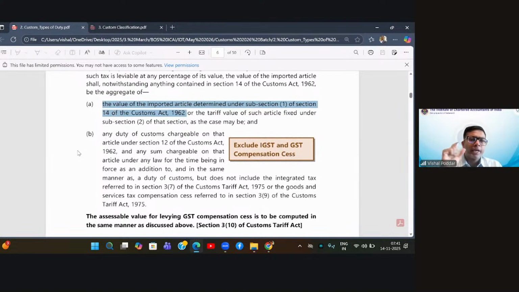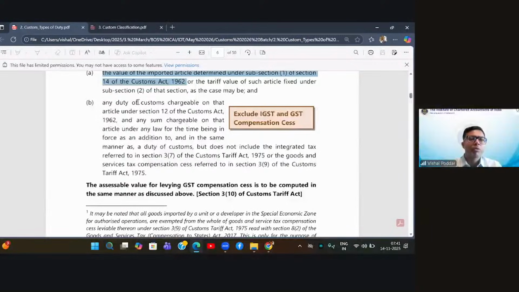That is the first amount. The second amount is the customs duty which is applicable, which we saw above, the basic customs duty. So the basic customs duty has to be computed and this amount will be added. Further, you have the customs surcharge, the customs social welfare surcharge, which also has to be added.